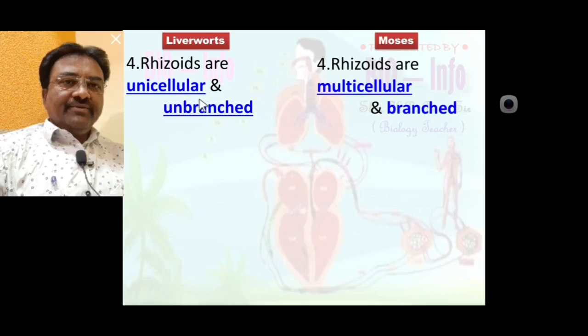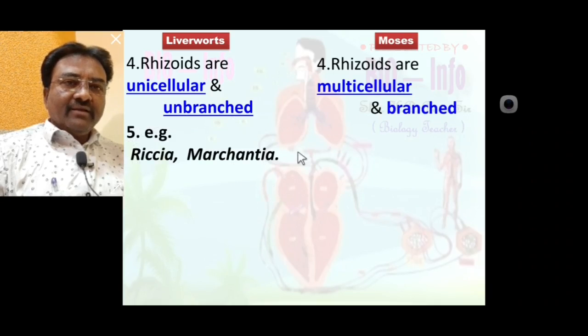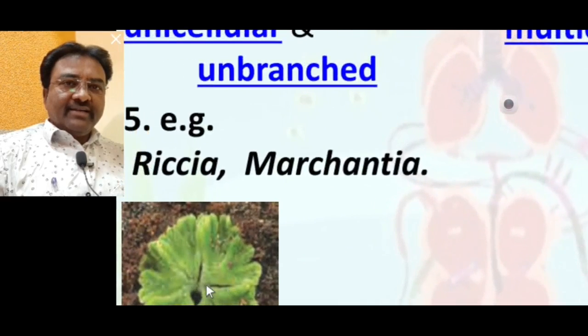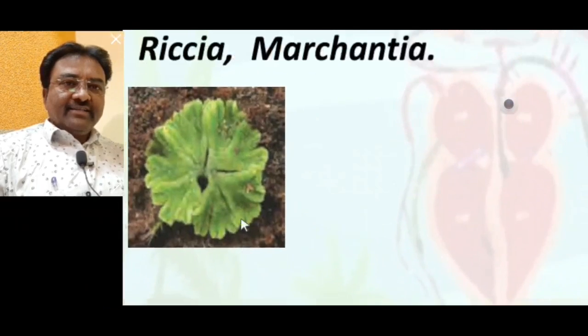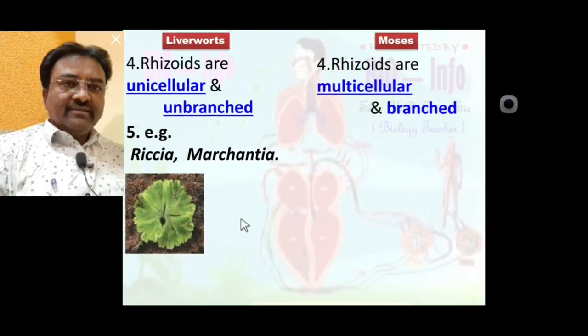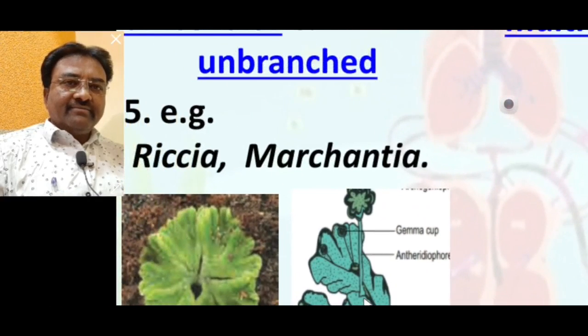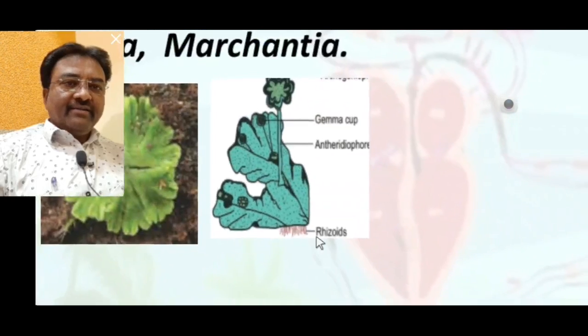Examples: Riccia and Marchantia plants are included in liverwort, seen here. This is the Riccia plant, and this one is Marchantia. So Riccia and Marchantia are liverwort plants of Bryophyta.